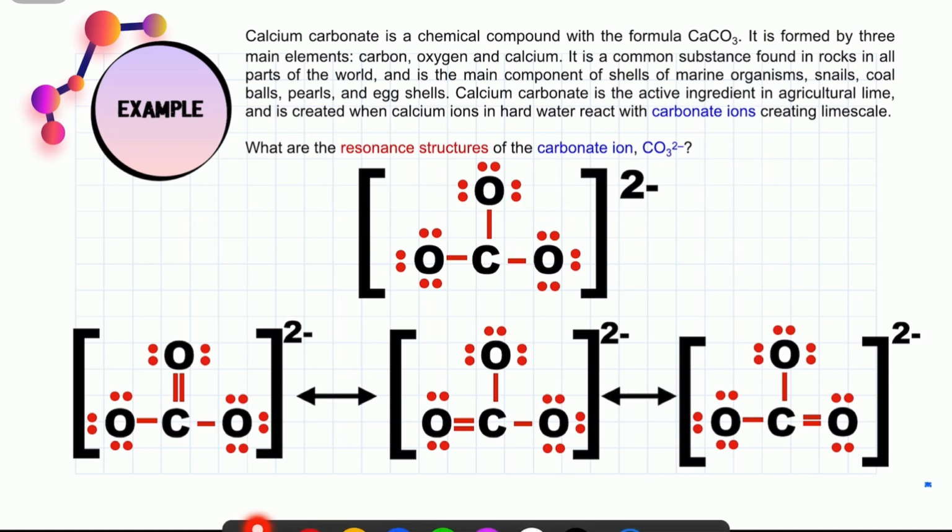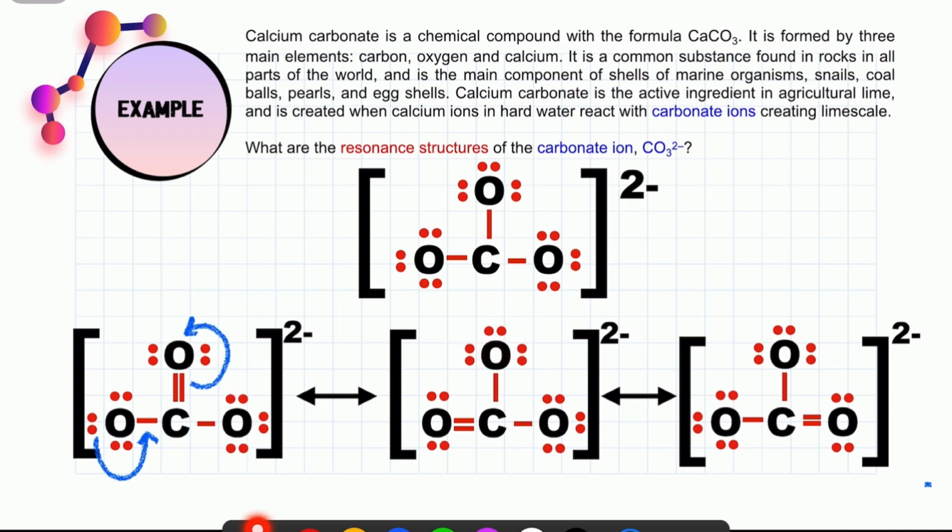Actually this Lewis structure can form the second Lewis structure. The oxygen will use one of the bonds of the double bond to form a lone pair on this oxygen, so this one.